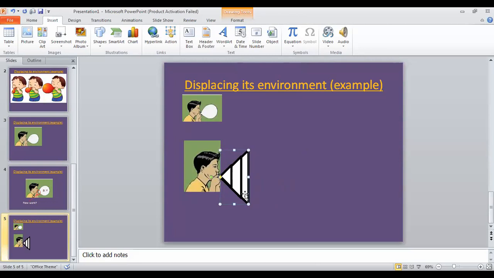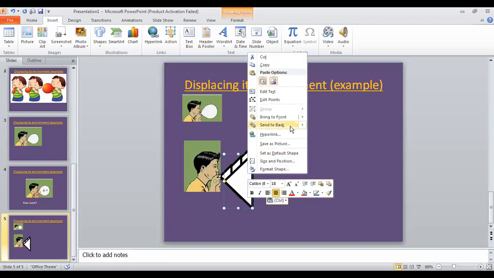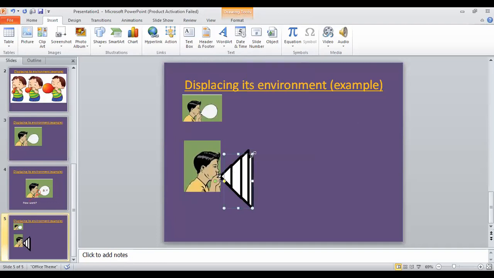See, this boy may have the capacity to blow some more. Originally it was a very small balloon, but now it's getting bigger and bigger. So you can see there is a surrounding.